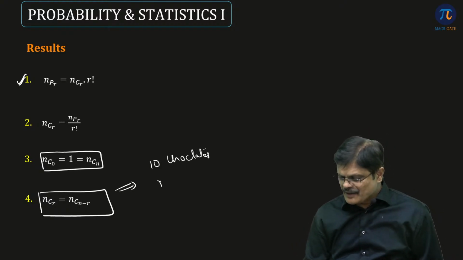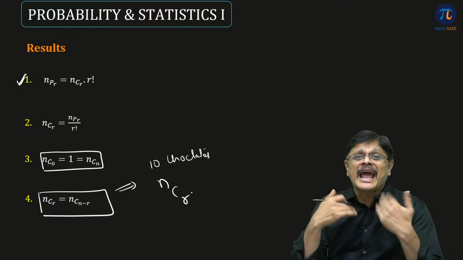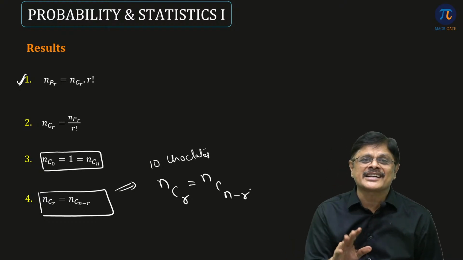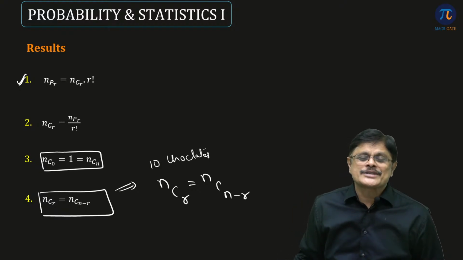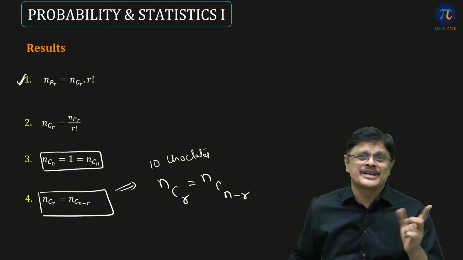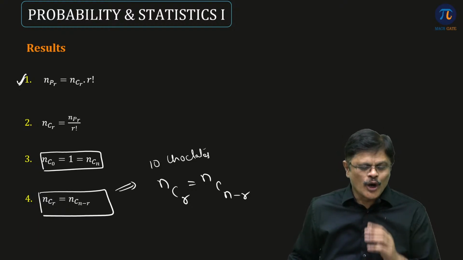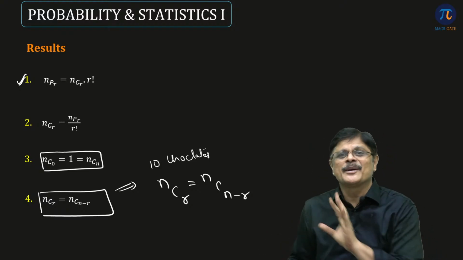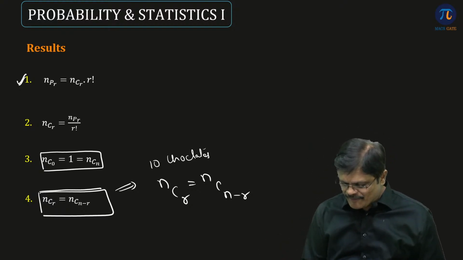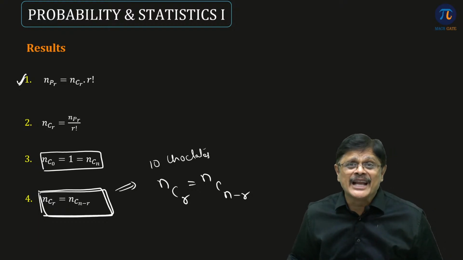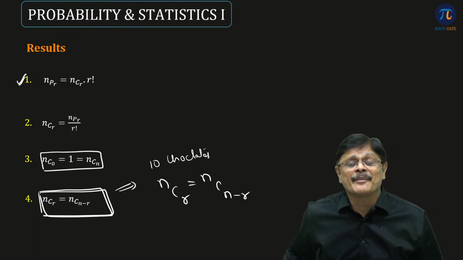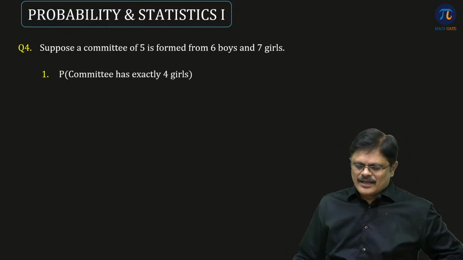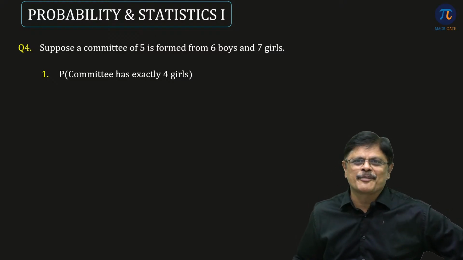Similarly, when you select r objects for accepting, automatically the remaining n minus r objects are selected for rejection. So selecting r objects is equivalent to rejecting n minus r objects. The number of r combinations of n objects is exactly the same as the number of (n minus r) combinations of n objects. That is the formula.